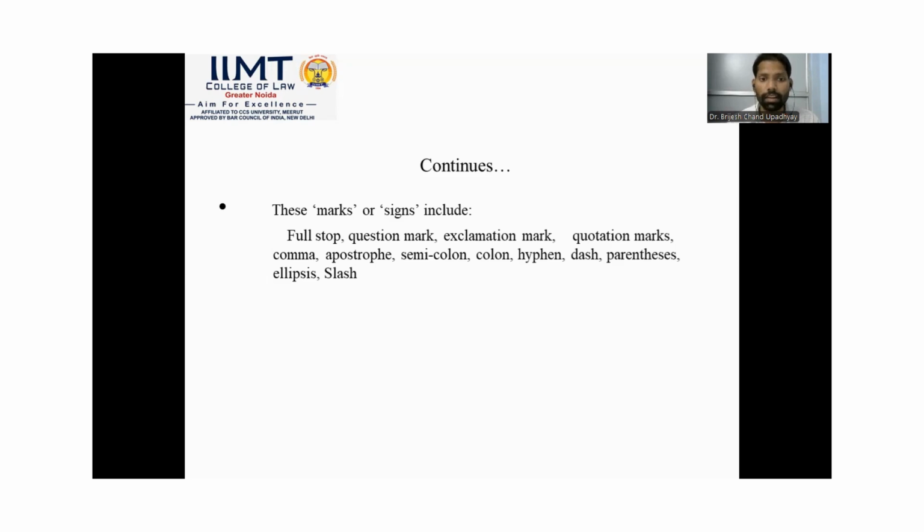These are some marks or signs. They separate sentences. Why are they used? They are used for clarity and precision, to give an accurate, specific meaning to the sentence.